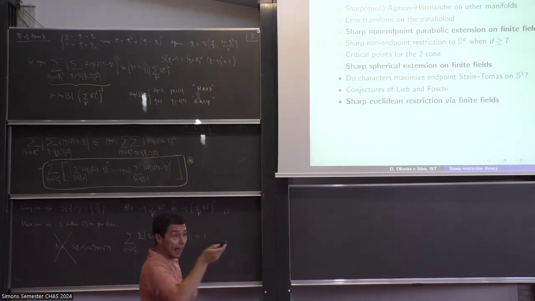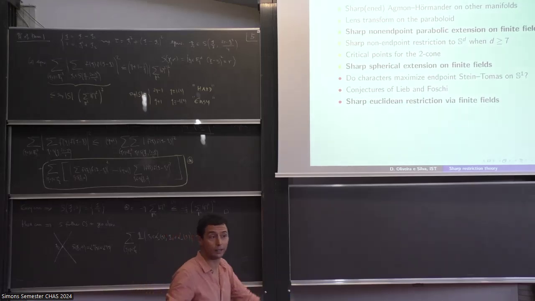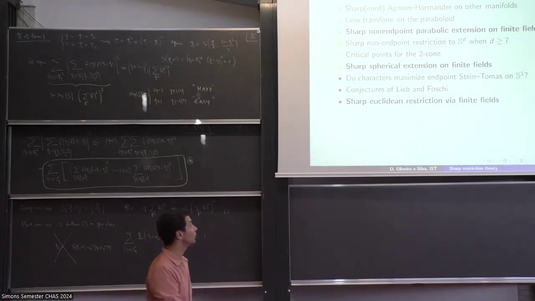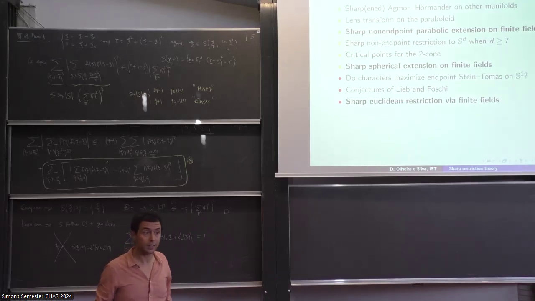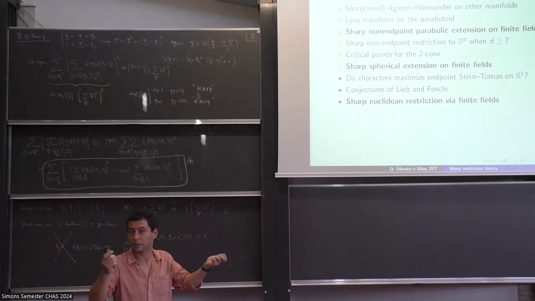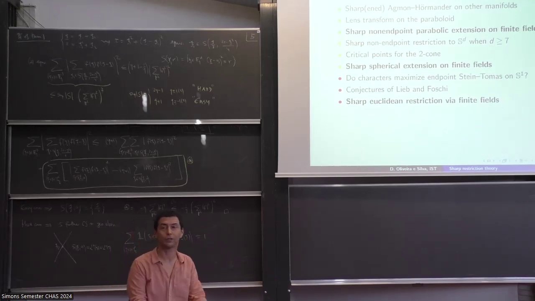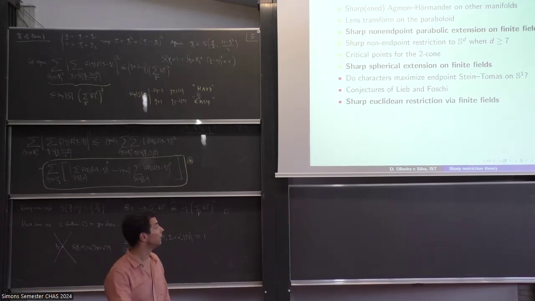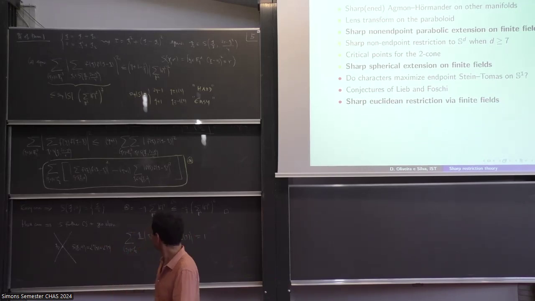So, sharp spherical extension in finite fields, which I haven't talked about. There are results, even though Mockenhaupt and Tao didn't consider it; they said that for spheres the situation is more complicated, so they left it for future study. And people have studied it, Iosevich and Koh. It turns out that these expressions for sigma hat for the sphere don't involve Gauss sums, they involve Kloosterman sums.